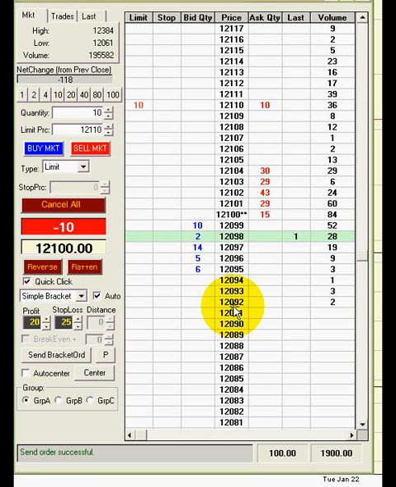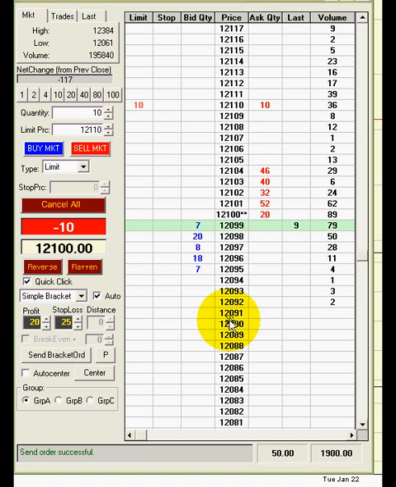It's not for everybody, but some people may want to, and we just wanted to show you what the potential is, what you can do with this thing. And still 10 is not a lot of contracts. You got people out there and institutional traders and very wealthy individuals that trade 100 and even 1,000 contracts. So 10 is not really pushing the envelope, but we wanted to show you what is possible here.